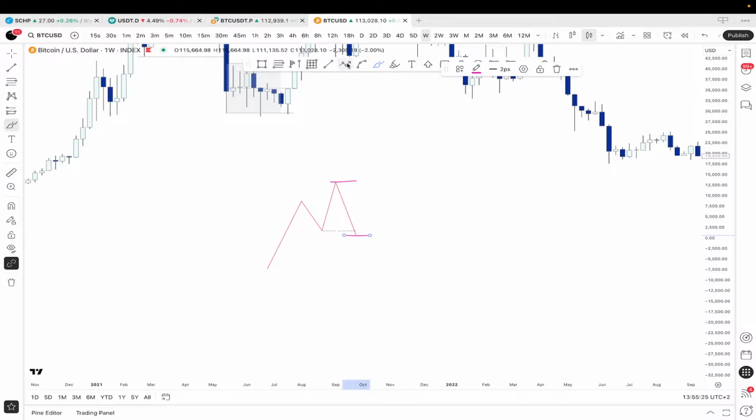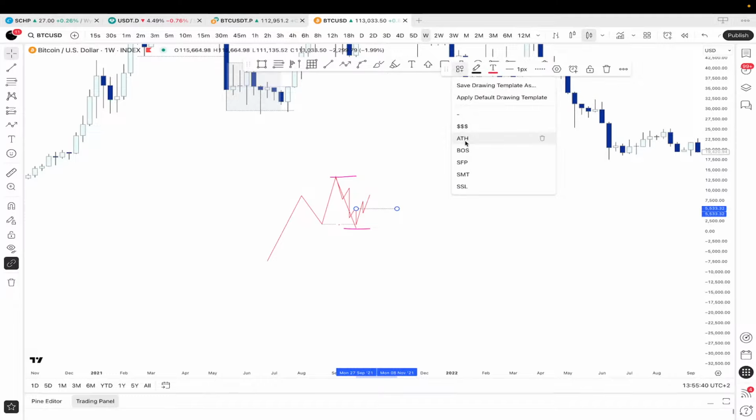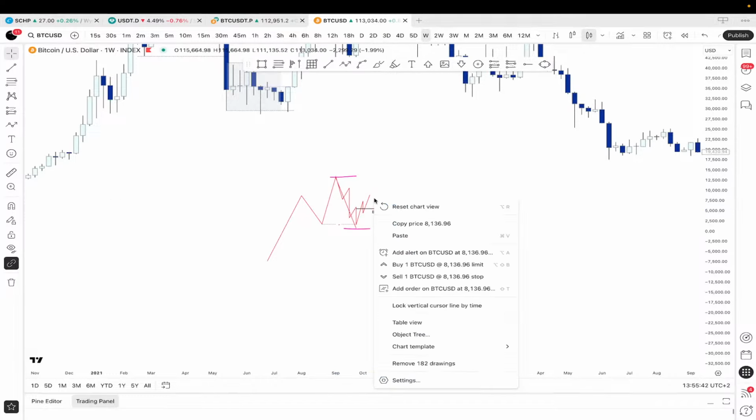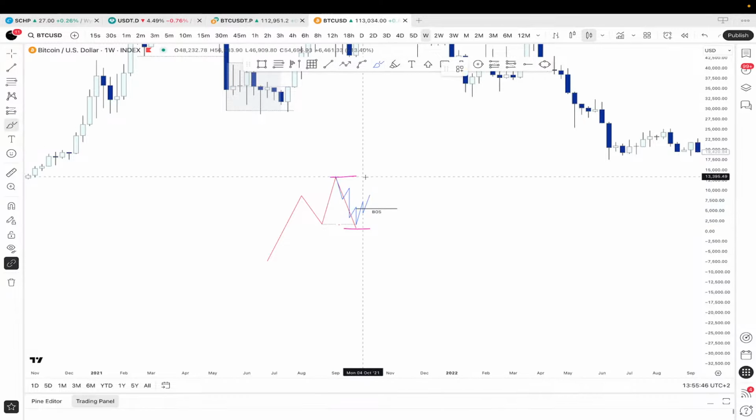If we break that market structure to bullish, let me make this a different color as well, then you can say that this market structure level is getting targeted. So swing fail, break of structure in your internal leg, this level becomes targeted.